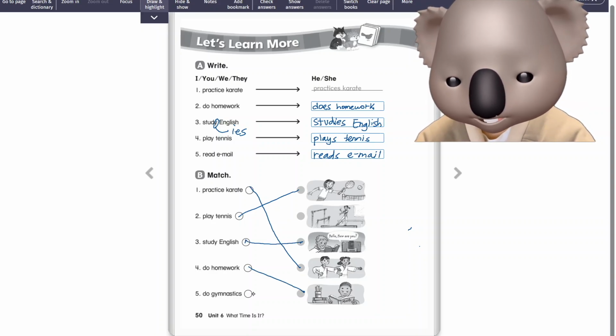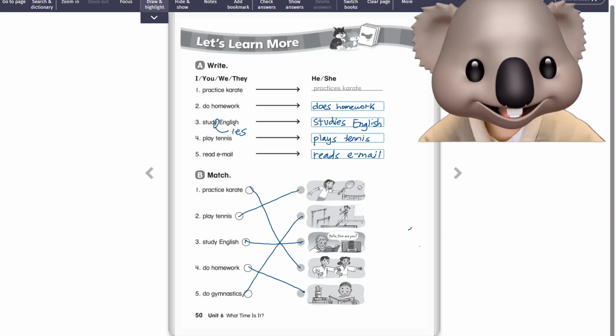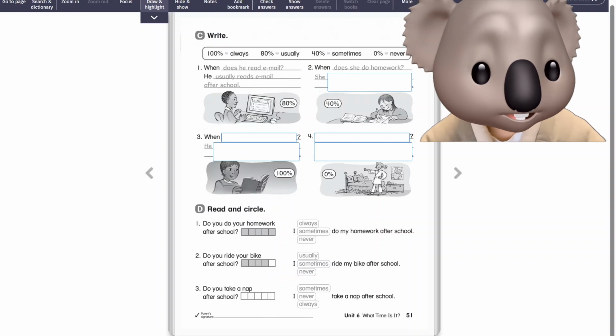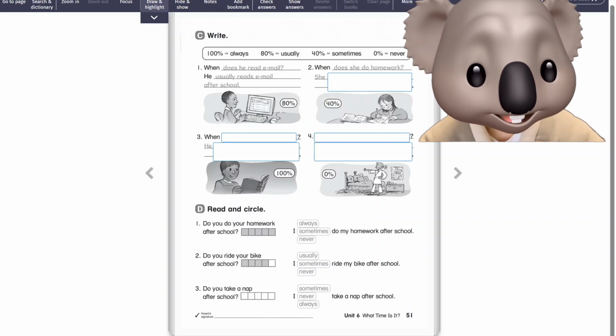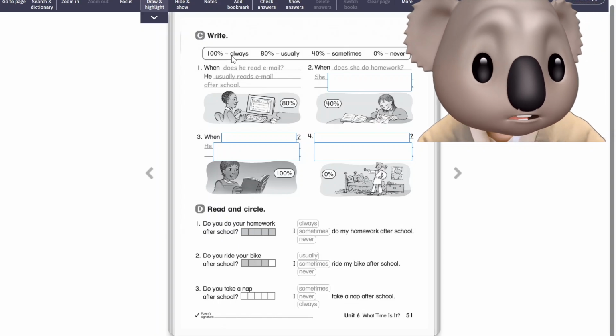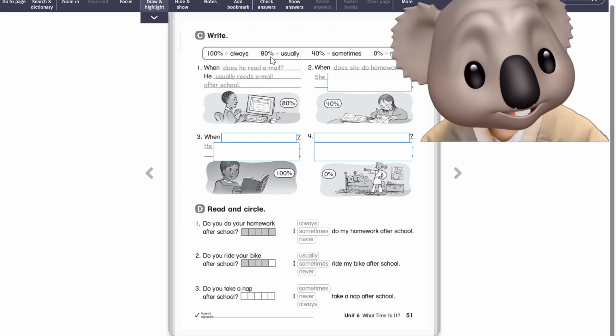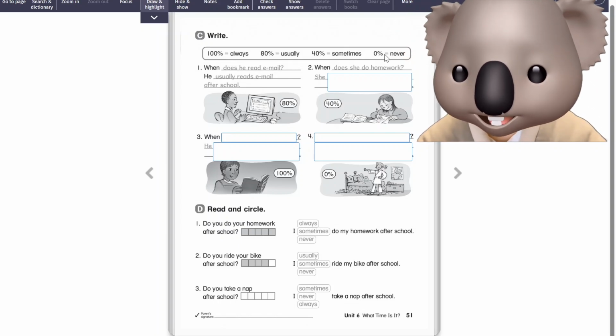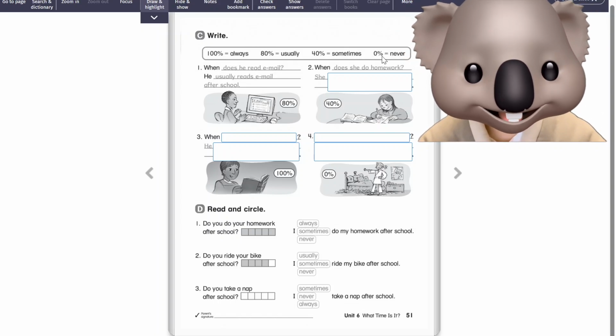Number 5, do gymnastics. Great job! Let's keep going. On page 51 in part C, the directions say to write. Remember, 100% is always, 80% is usually, 40% is sometimes, 0% is never.